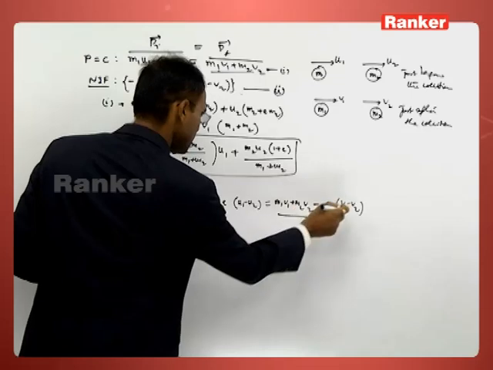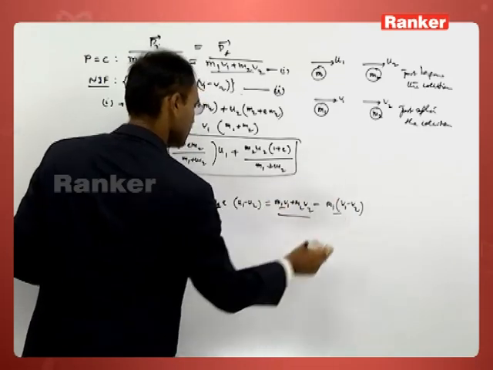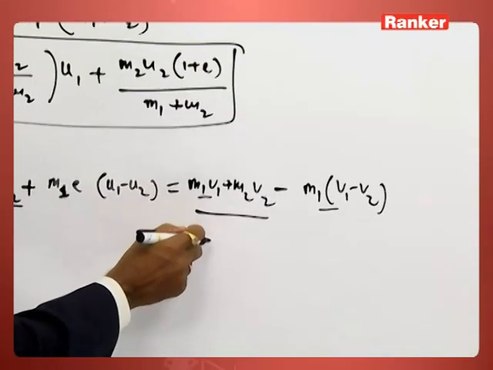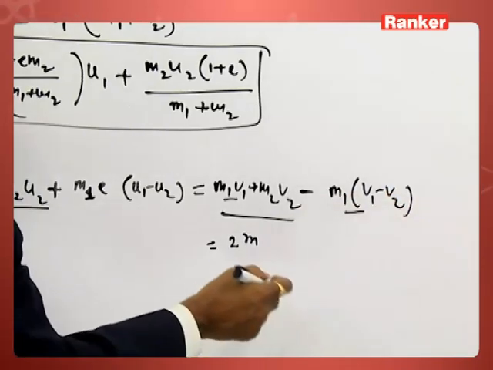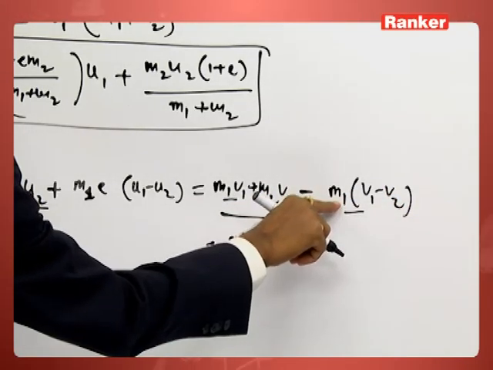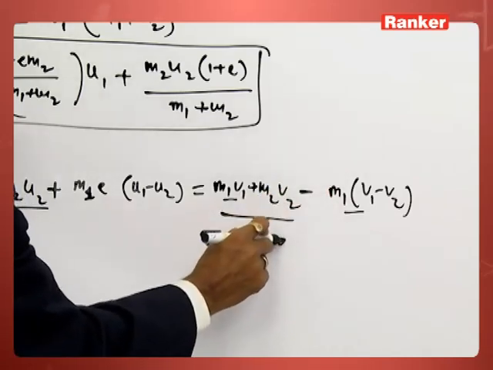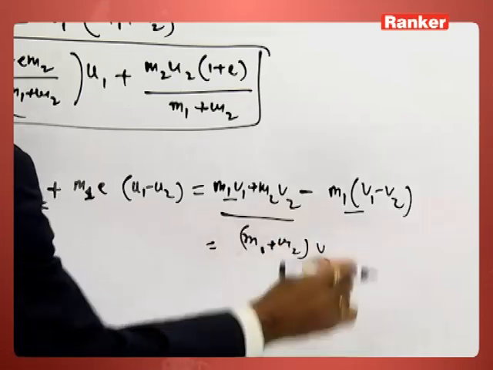So which is getting cancelled? This factor will get cancelled. As a result, you are getting on the right hand side m1 plus m2 into v2.